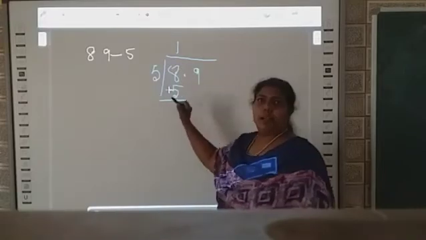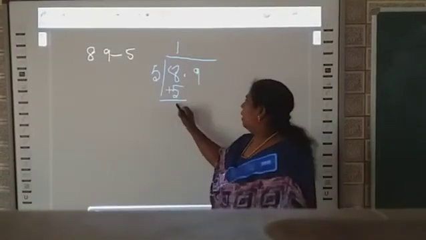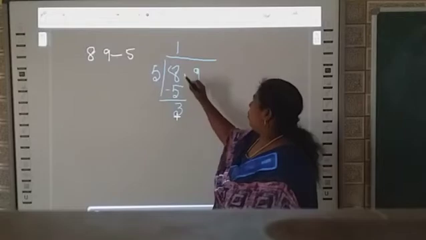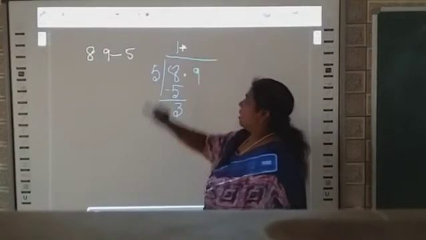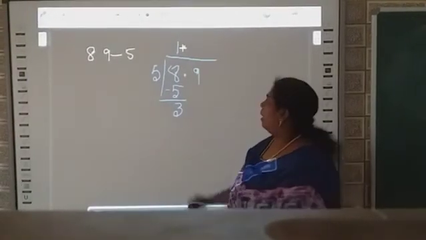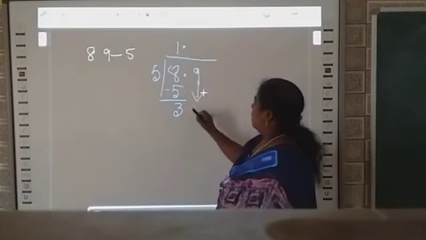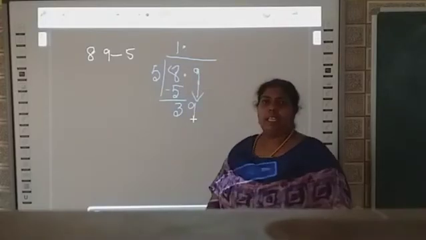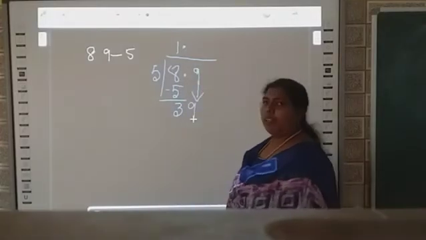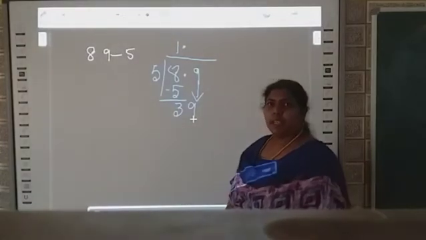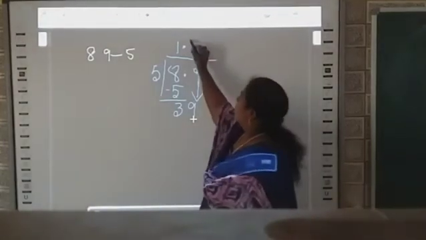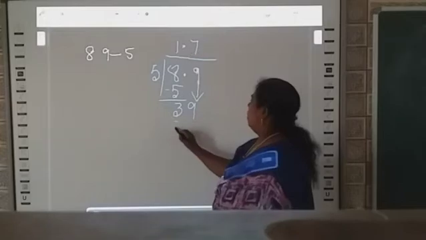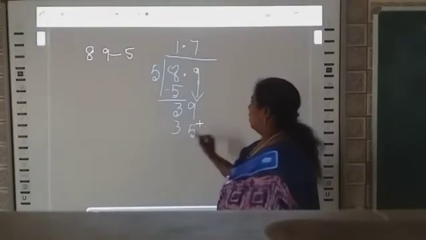Subtract it. 8 minus 5 is how much? 3. Next you have to write this decimal here. Put the decimal there. Then next number is 9. 39. In the fifth table, how many times? 7 times 5 are 35, right?